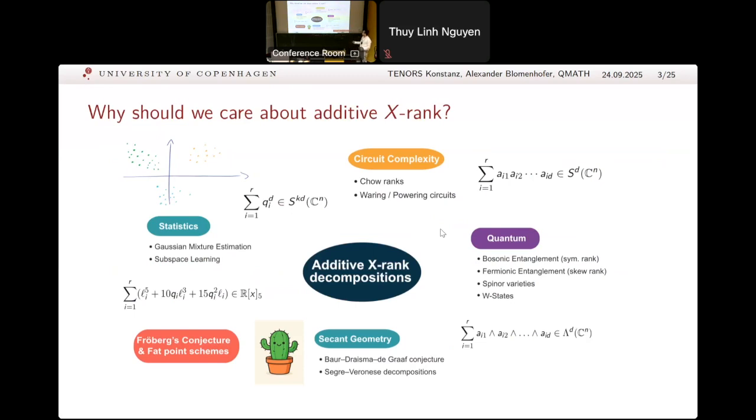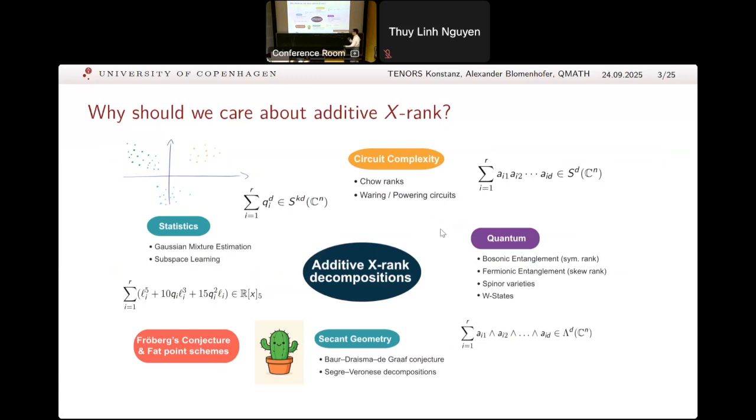There are also a few less weird examples, like for instance, in quantum information, if you have a bosonic quantum system, you don't necessarily have to understand what it is. Basically, think of a system that's based on light, like a photonic system where you throw light at some stuff and then you observe what happens. Then entanglement of these bosonic particles is modeled by symmetric tensor rank.